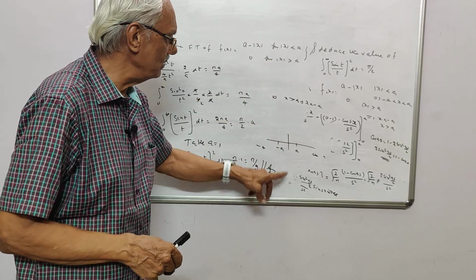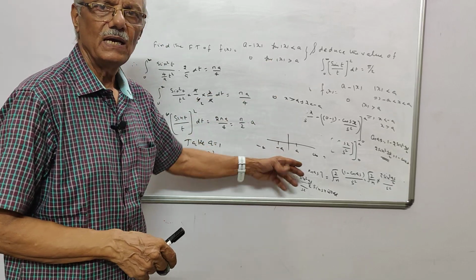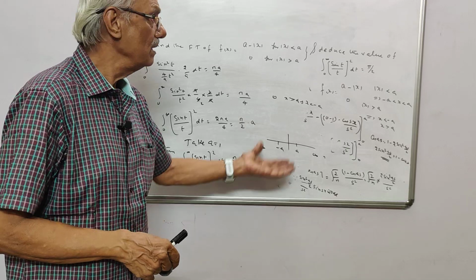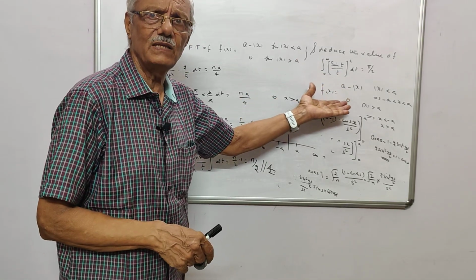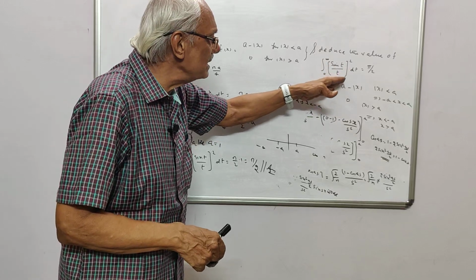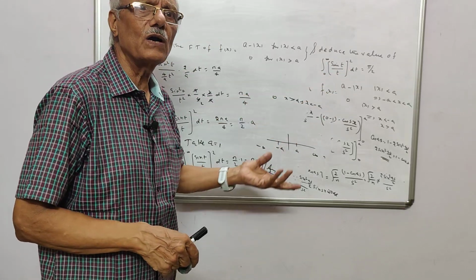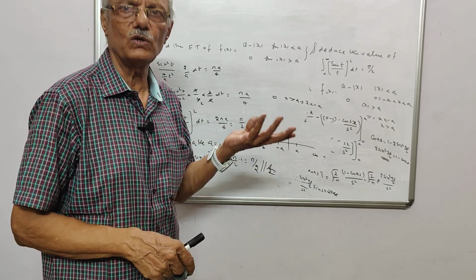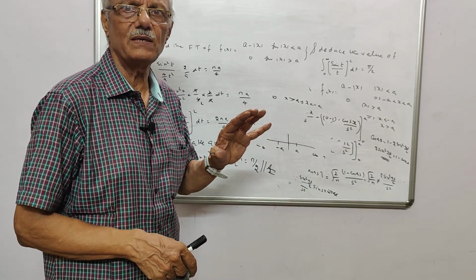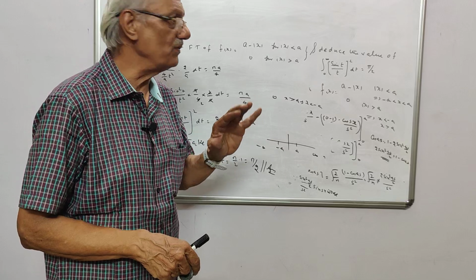because x is equal to 0 is a point lying between minus a and plus a, and it is a point of continuity. I understand everything from the answer given in the problem. This tells me to take x is equal to 0. When I take x is equal to 0, cos 0 is 1, so conveniently I am able to overcome that difficulty.